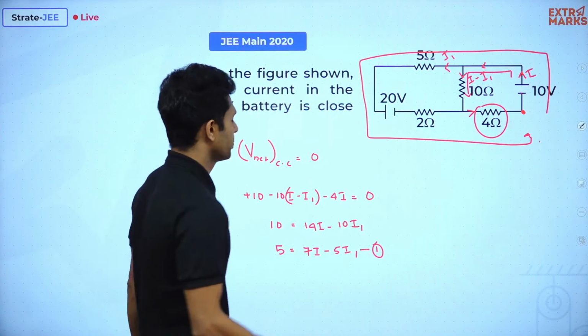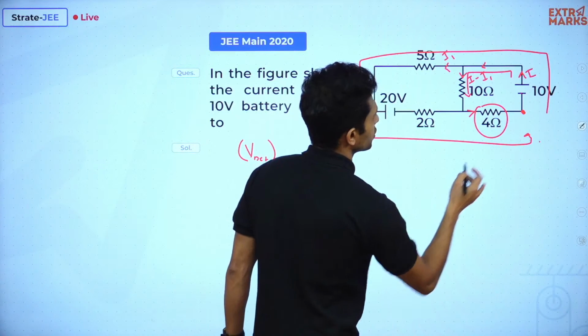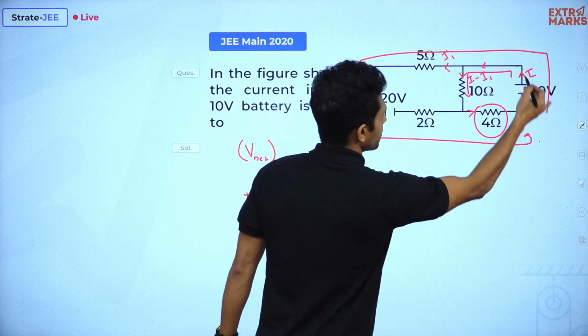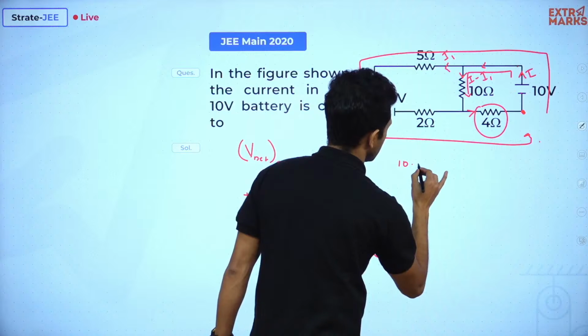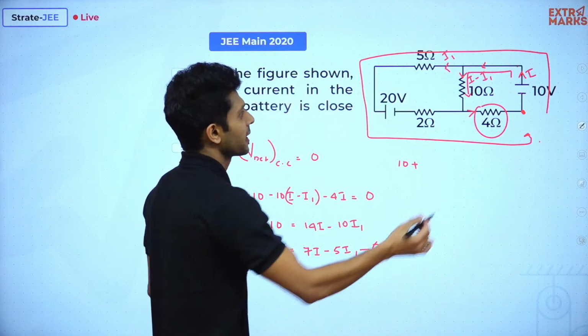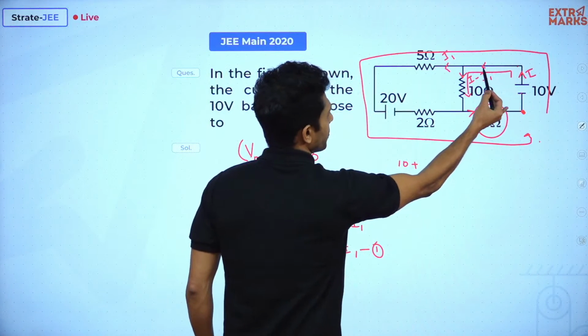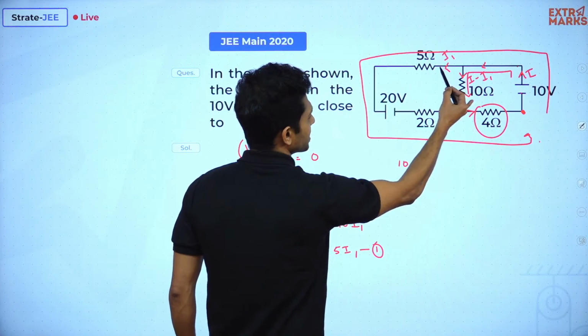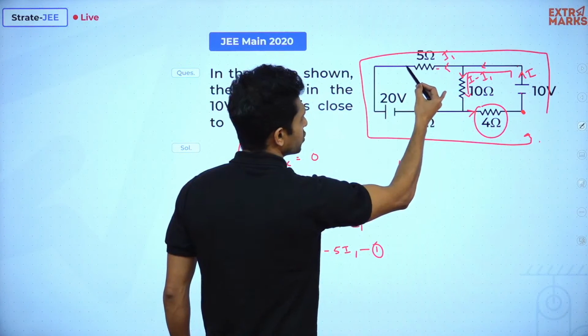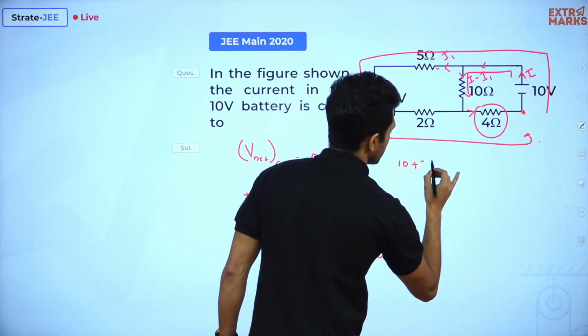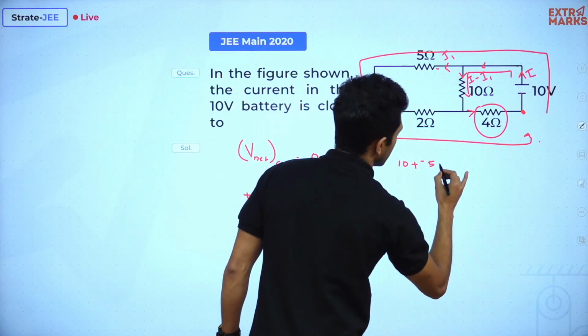Okay. So again, applying net value of the voltage is equal to 0. Starting from here, moving from negative to positive, there is an increase in potential, plus 10. Moving, look at the tip of my pen, we are passing in the same direction of the current through a resistor. There will be a potential drop, so minus 5, what is the value of current? I1.